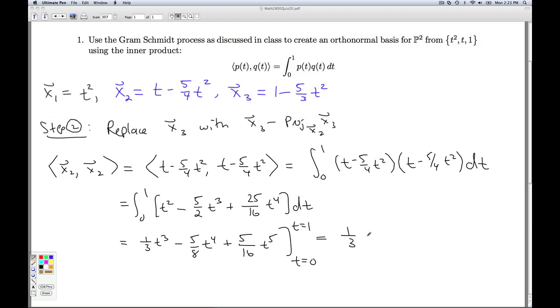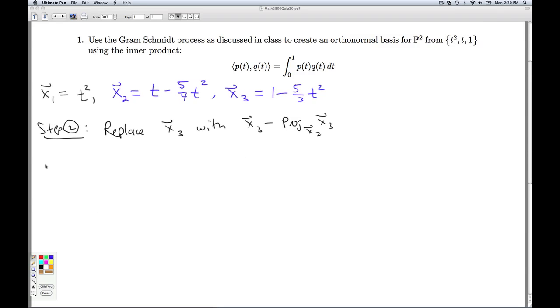So I get 1/3 minus 5/8 plus 5/16. We get a common denominator of 48. Multiply the first by 16, minus, multiply that by 6, plus, multiply that by 3, and you're going to get 1 over 48.